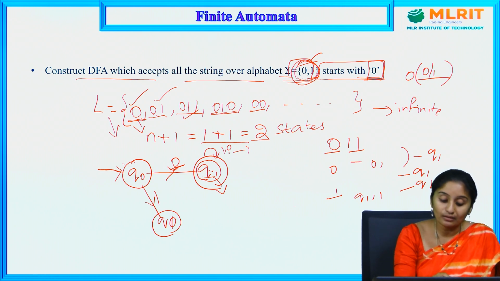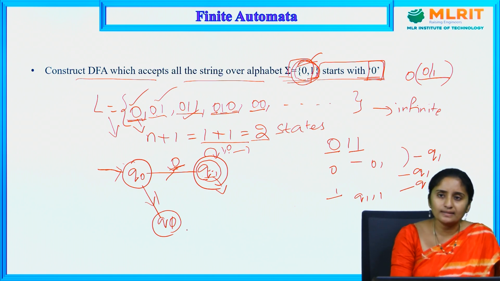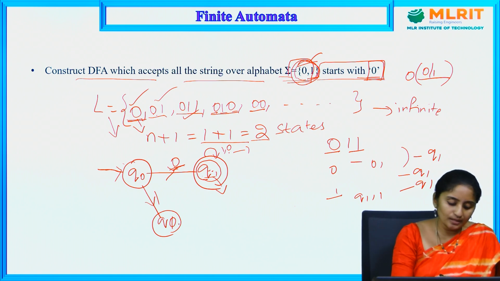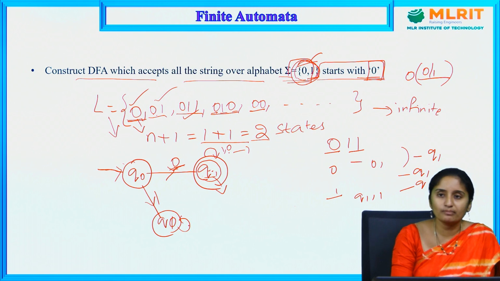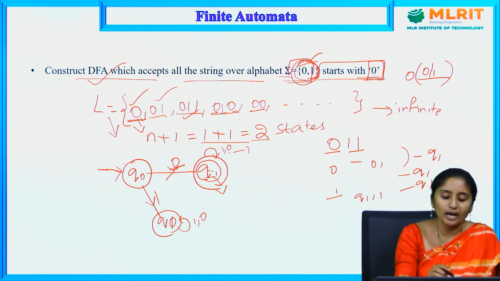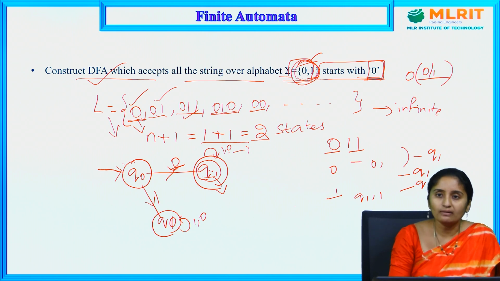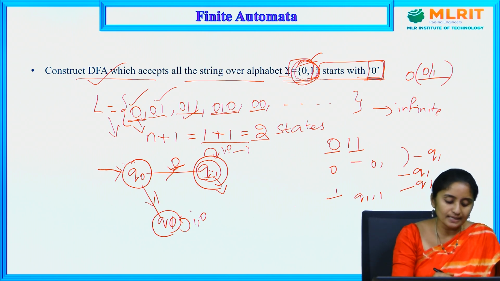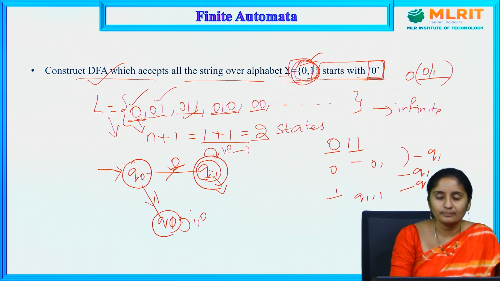Q1 has 1 and 0 inputs. Even the dead state should also have the input symbols. That should be plotted. Why? Because to satisfy a DFA, all the states we are plotting in this diagram should have the inputs. So now it is satisfying my DFA diagram. It's clear?